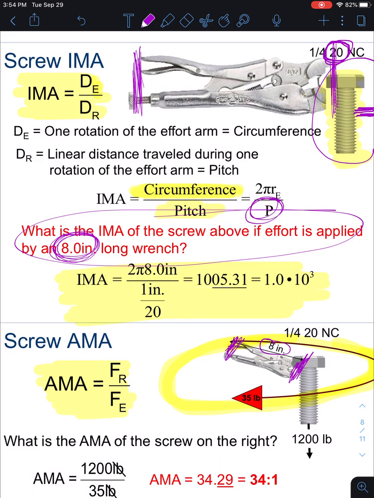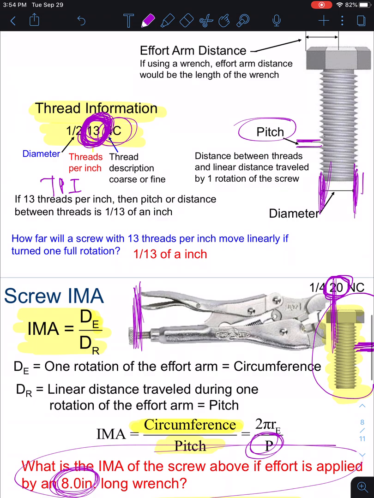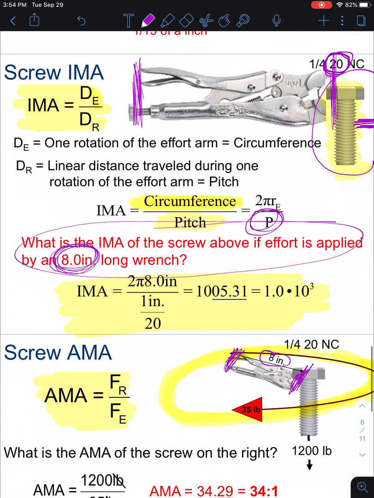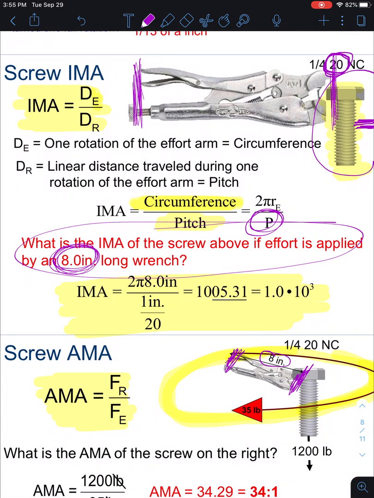The pitch is equal to 1 divided by the threads per inch, and in this one the threads per inch is 20. When we do that math, you get 1005.31. That's the number we get for our IMA.